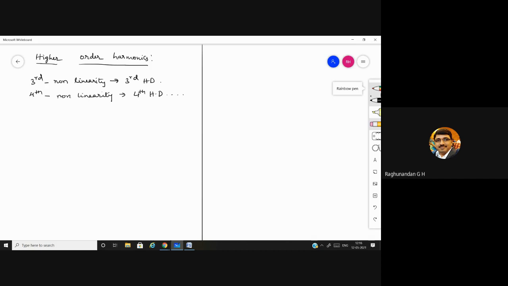Now, for higher order harmonics, even this is a very big derivation, and I have tried to simplify it as much as possible, because since we are going for cos to the power of 4, the complexity increases. To an extent we have to derive.